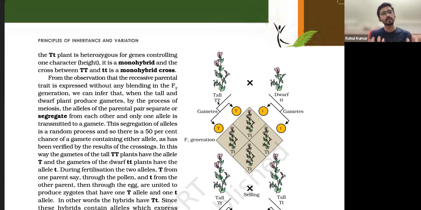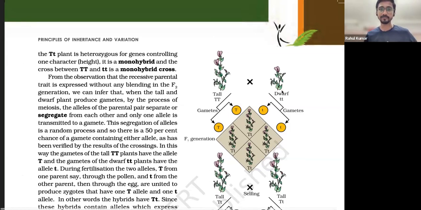Then also it will be tall only, right? We won't be able to make a difference between homozygous tall and heterozygous tall. Do you understand, Parker? Yes or no? Yes. So I am asking you to do this cross, taking a heterozygous tall with a dwarf: capital T, small t crossed with small t, small t. Do it quickly.